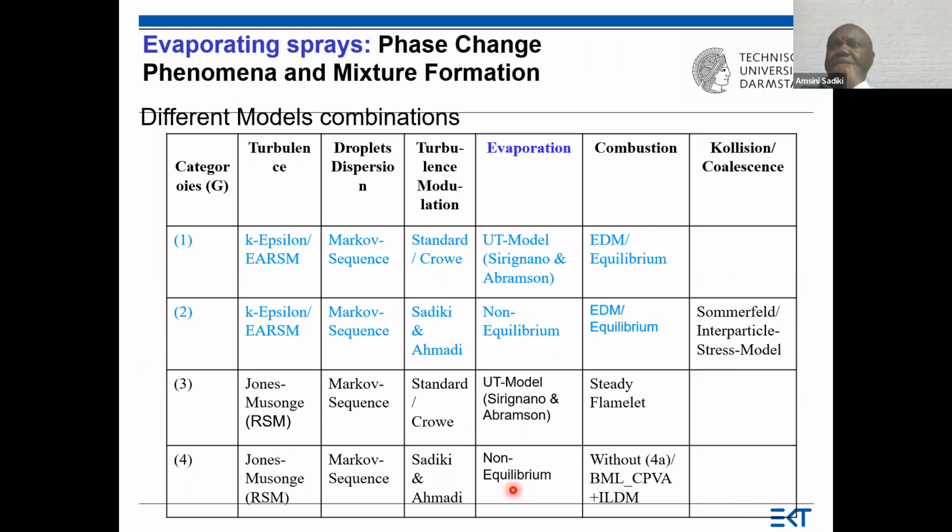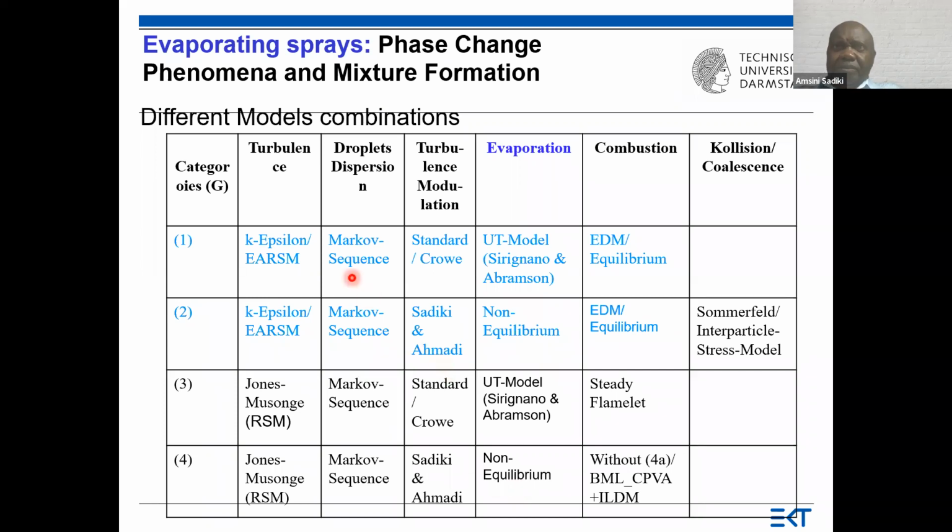I think Professor Schock has introduced the turbulence. So we know now that we have different classes of turbulence modeling. We have the RANS modeling, we have LES, and we have also transported PDF, and different kinds of presumed PDF we can have to account for the interaction of turbulence and chemistry.